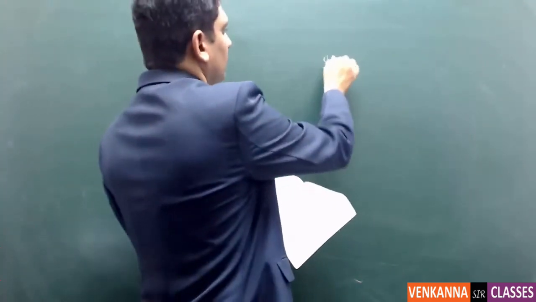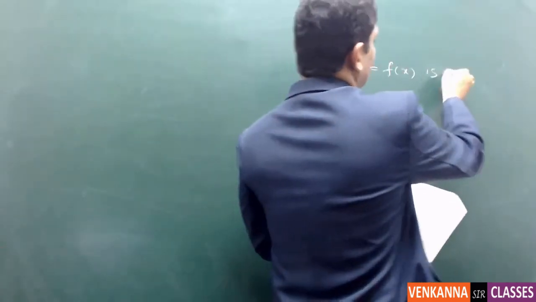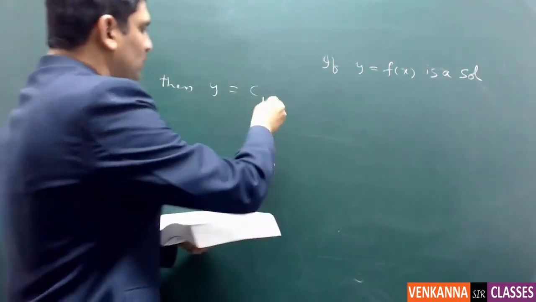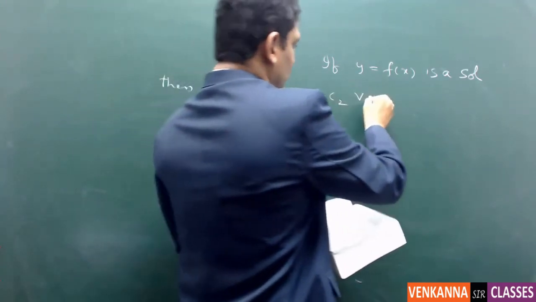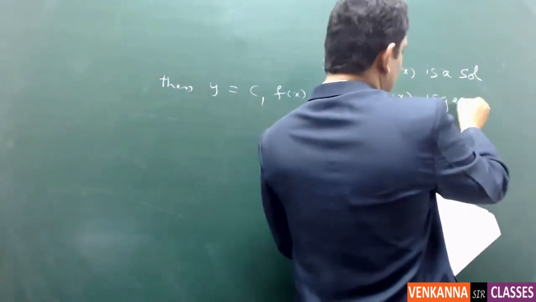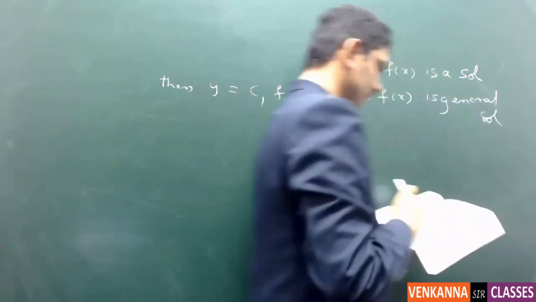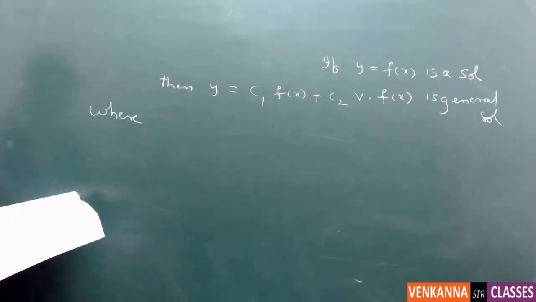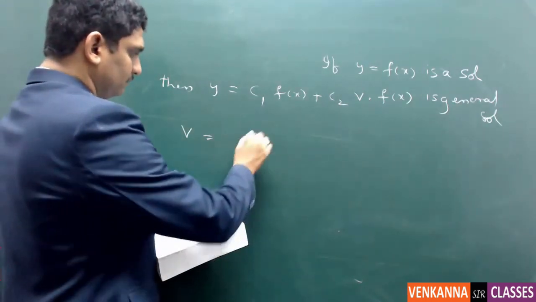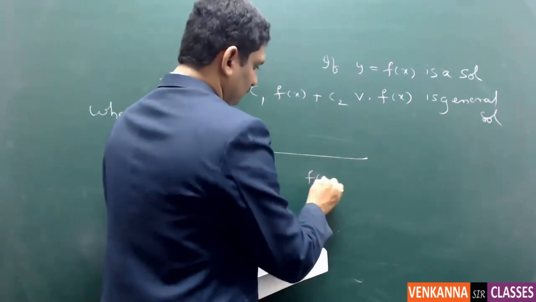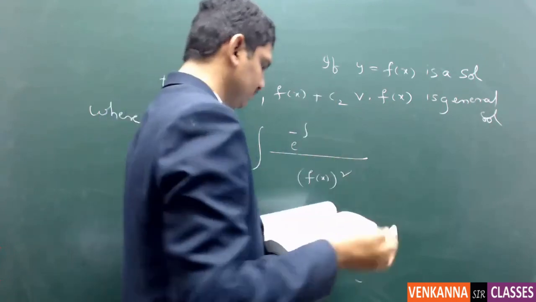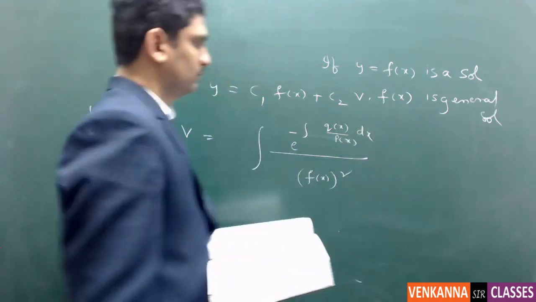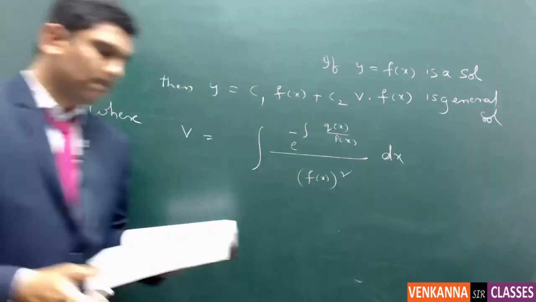So here, if y is equal to f of x is a solution, then y is equal to c1 into f of x plus c2 into p into f of x is the general solution, where p is defined by the integral. Please take a note of that.